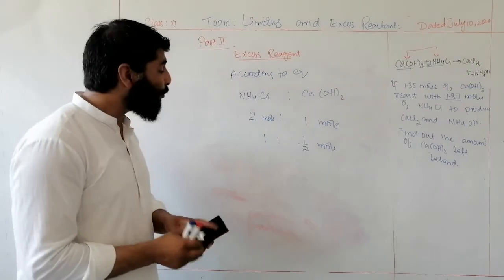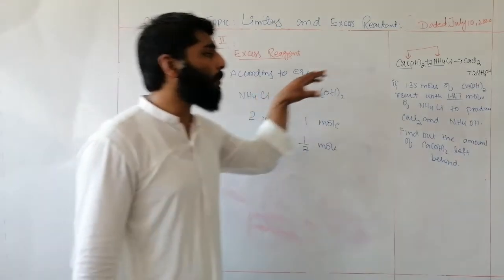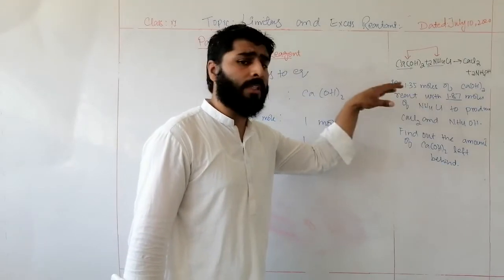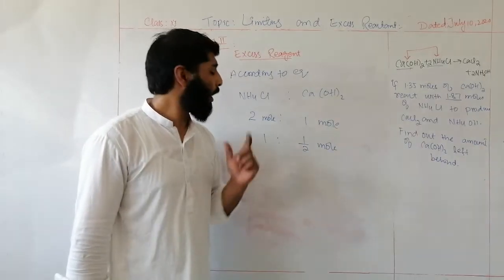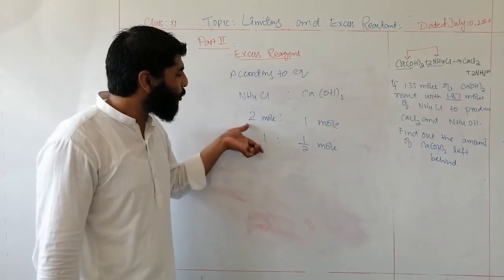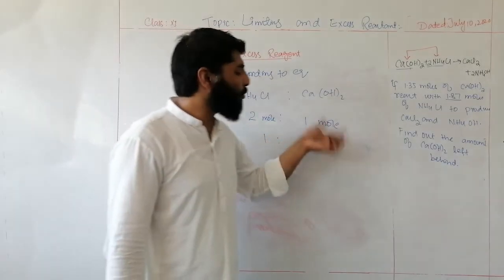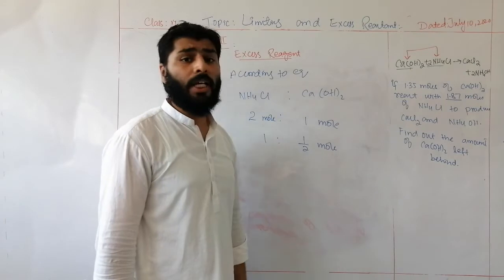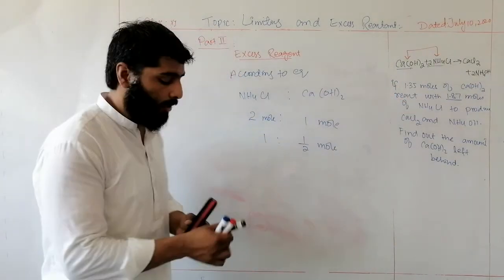It means if we have 2 moles of ammonium chloride, then for the completion of the reaction and the production of desired products, 1 mole of calcium hydroxide will be used. And if 1 mole of ammonium chloride is used, then half mole of calcium hydroxide will be used in order to formulate the desired product.